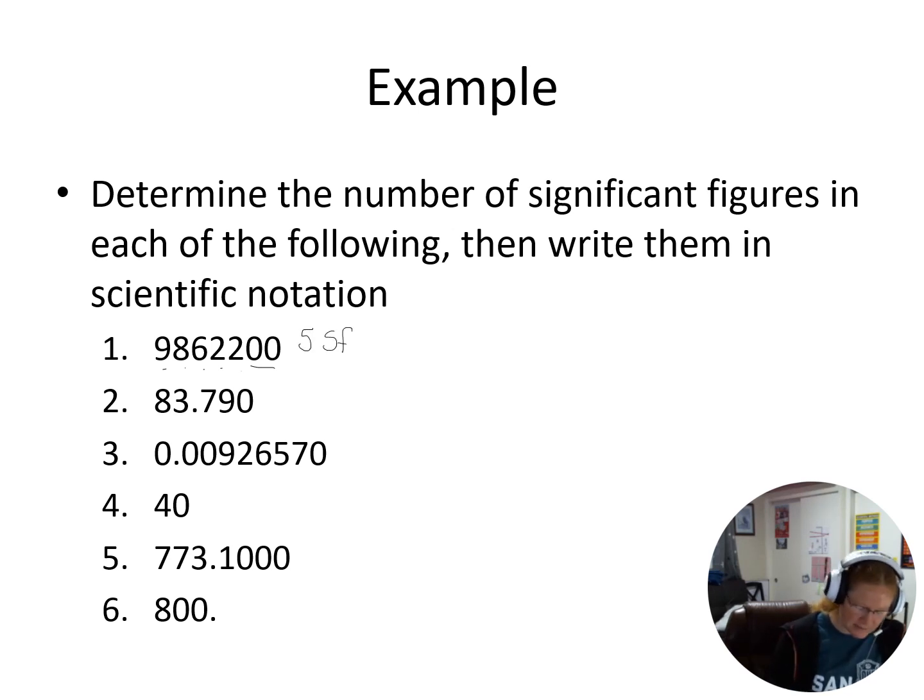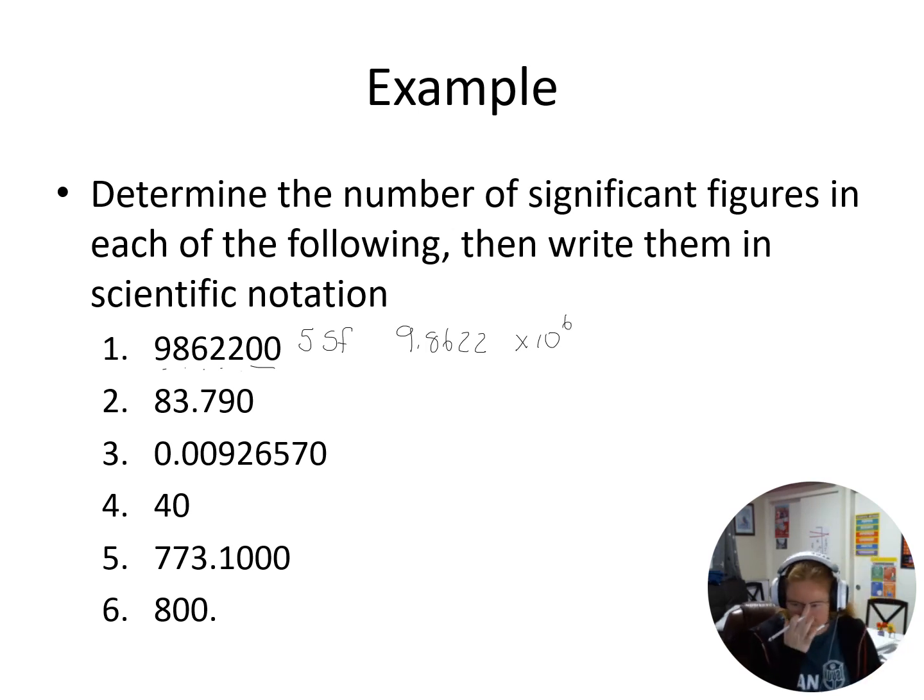And then when I write it in scientific notation, I'm going to get 9.8622 times 10 to the 6th. Okay, so if I expanded it back out, those zeros would show back up again because they do count for the magnitude of the number. They're just not significant. Okay?